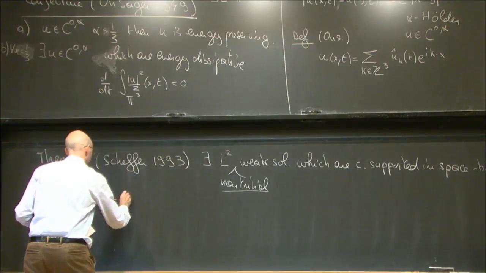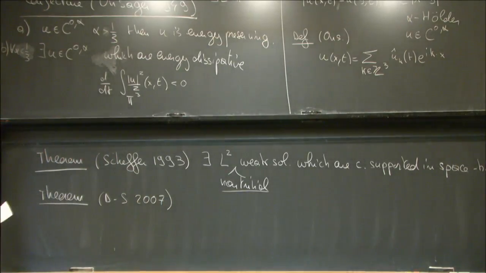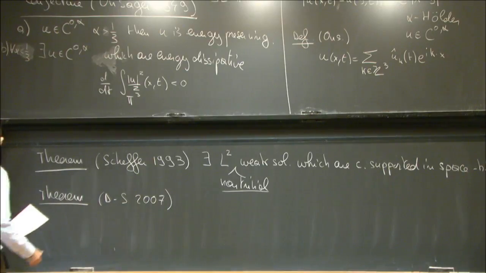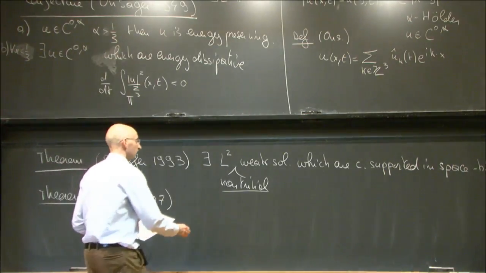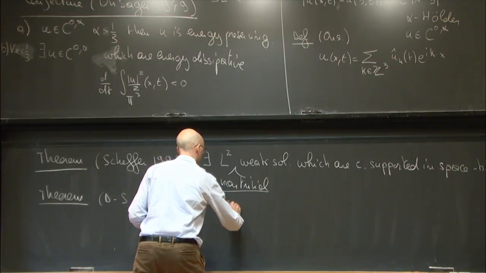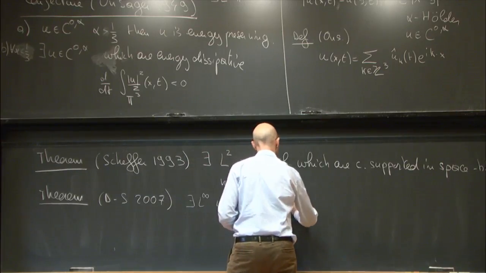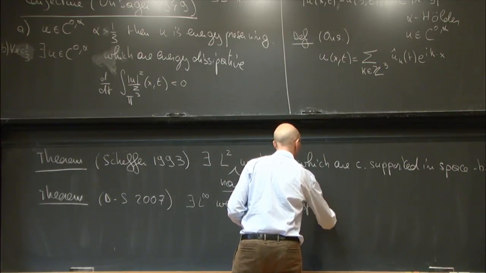This is in 2007. And we could give a proof of Scheffer's theorem, but actually even an improvement of it, in which you see that we're going in the direction of continuity. So there exist L infinity weak solutions compactly supported in space and time, but even more.